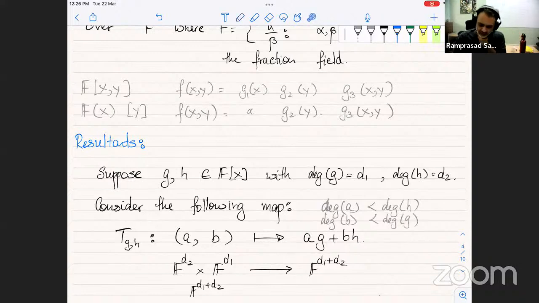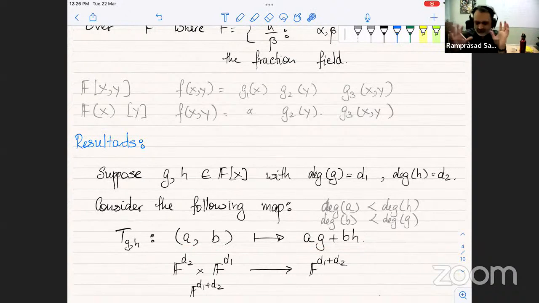So how many coefficients does a end up having? A ends up having d2 coefficients at most, and b ends up having d1 coefficients. So it takes d2 coefficients here and d1 coefficients here and spits out some polynomial.